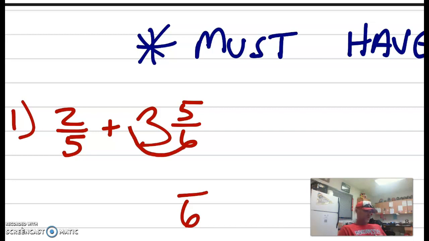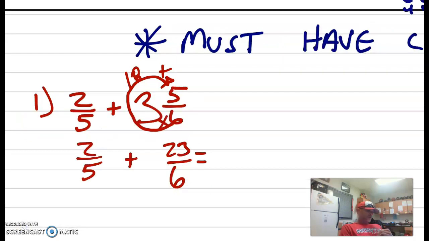So we would multiply 6 times 3, which is 18. And then there are 5 extra parts. That's the numerator. And 18 plus 5 is what? 23.